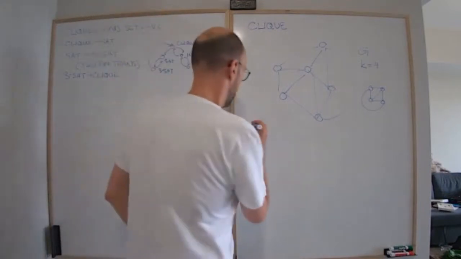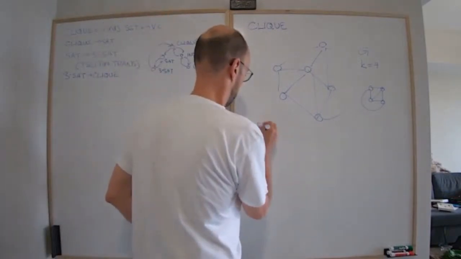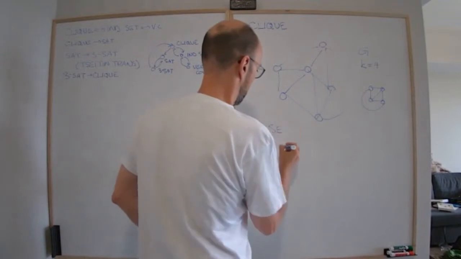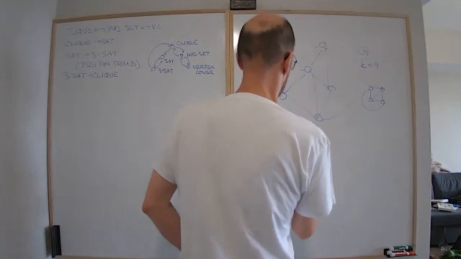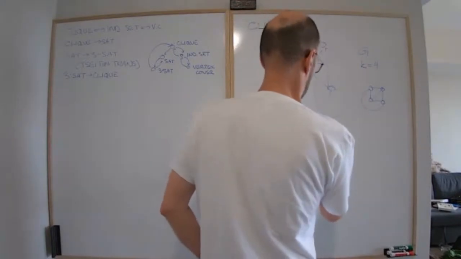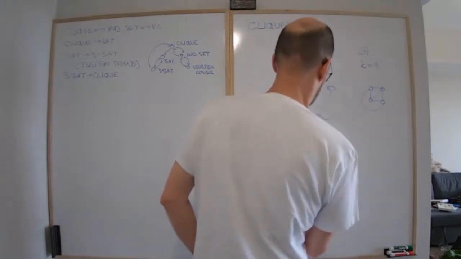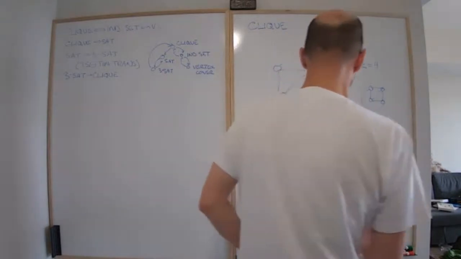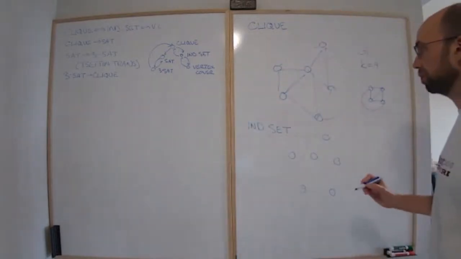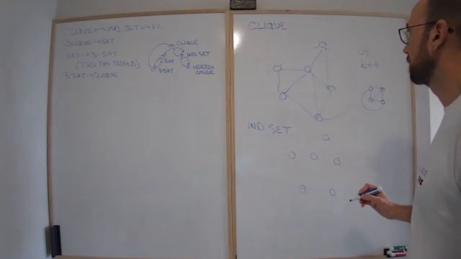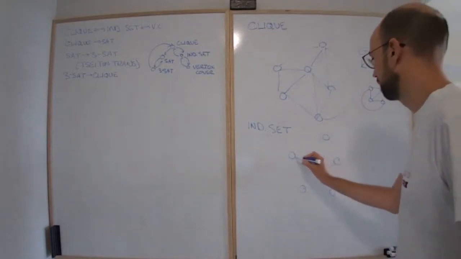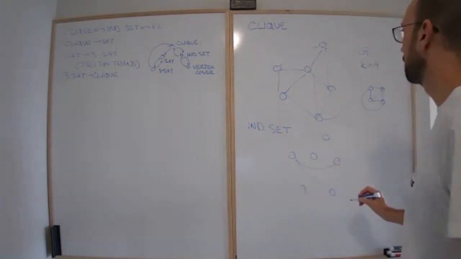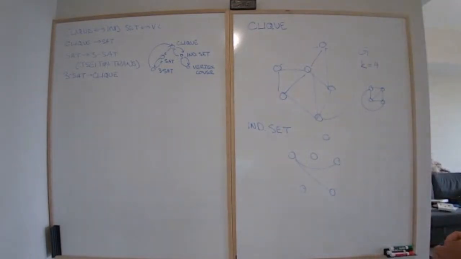So, independent set. Is given a graph G. Wait, how many? This is going to be a mess.